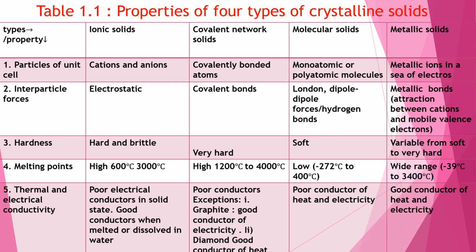There is also a wide range, minus 39 degrees Celsius to 3400 degrees Celsius. And the last one is thermal and electrical conductivity. These are poor electrical conductors, these are also poor electrical conductors, and the last one is a good conductor of heat and electricity. Okay, all these four types of solids are summarized.